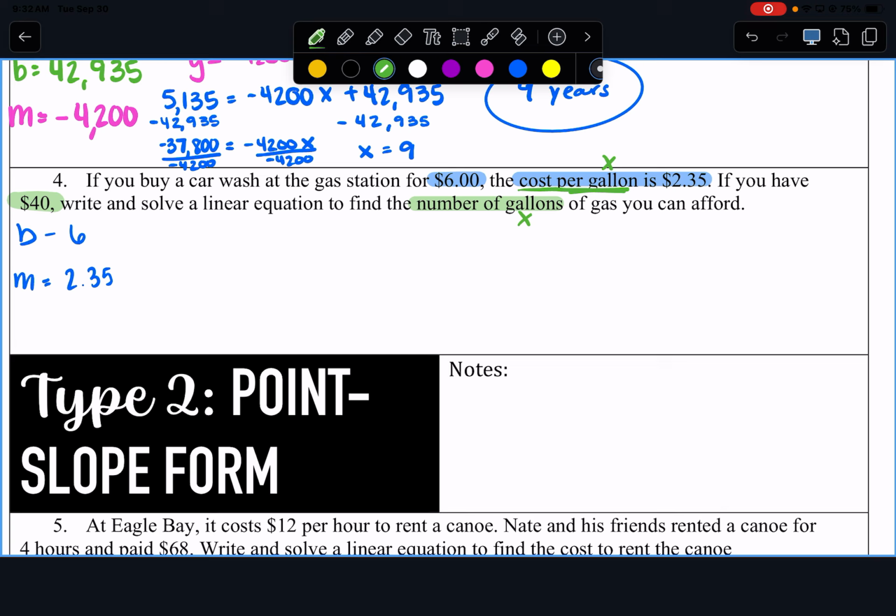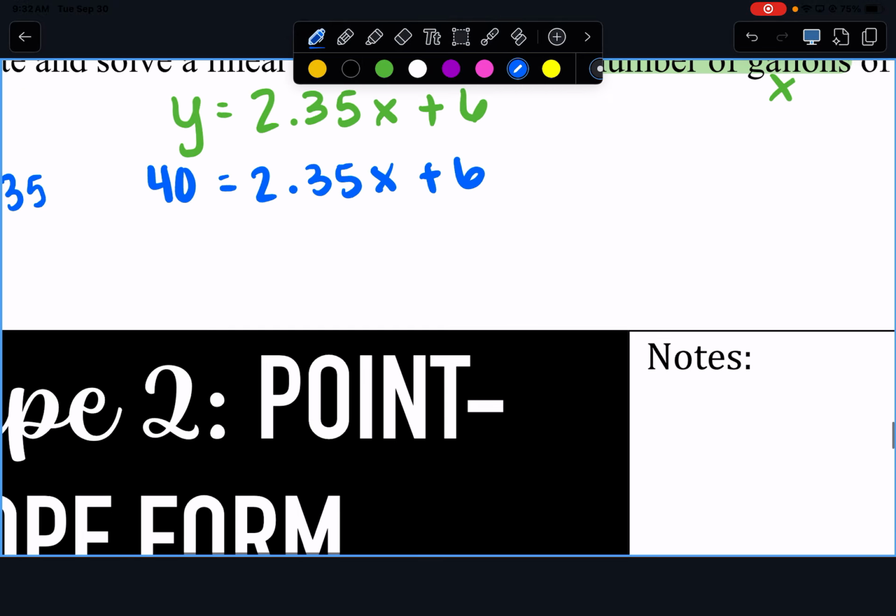So now we're going to set it up. Y equals, what am I setting up? Y equals what? 2.35x plus 6. Plug in 40 for Y. And we get 40 equals 2.35x plus 6. Now I solve it for X. How do I solve that for X?